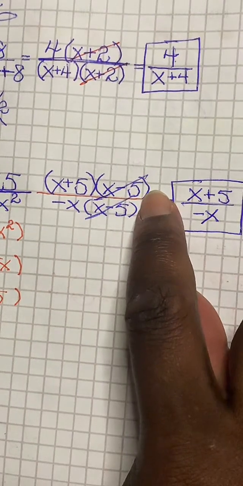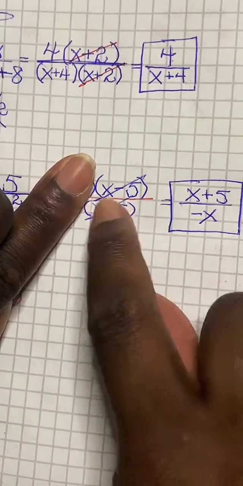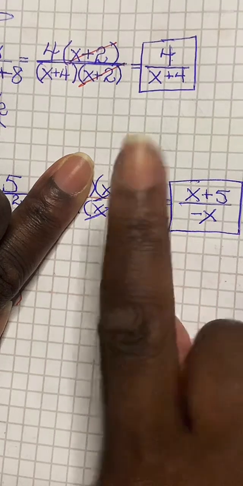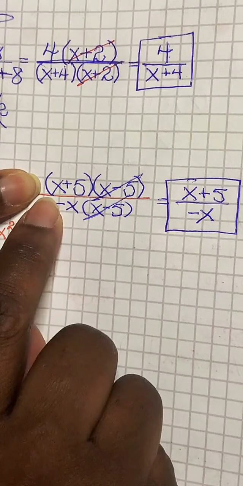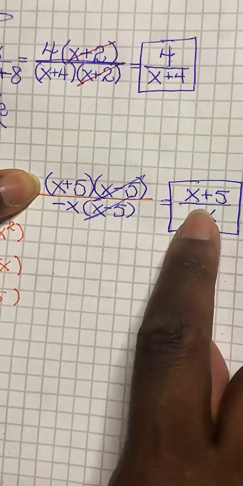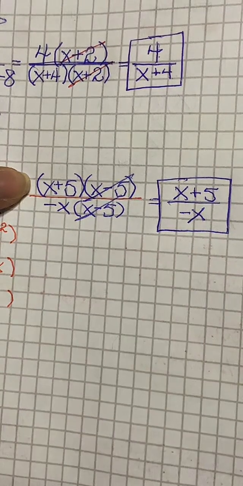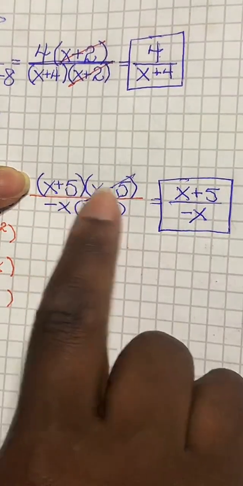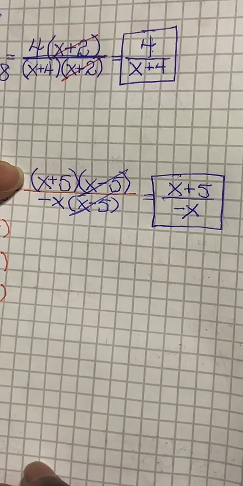Because if I did simple division, just focusing on the x minus 5s, x minus 5 divided by x minus 5 is 1. So if I multiply 1 to the x plus 5, I'm still going to get x plus 5. So it's just easier to say cancel them out, but in actuality, they're still giving you a 1. But since you're multiplying, anything times 1 is itself.